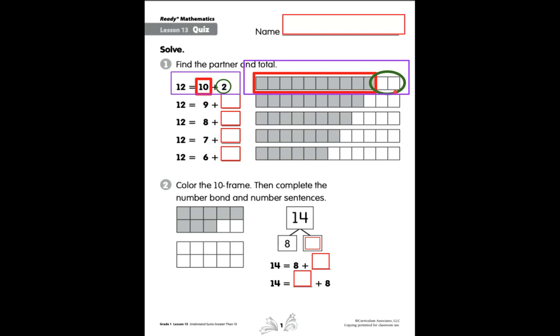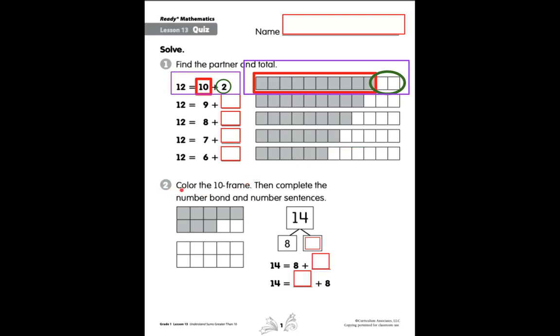Because if math is a pattern, we're going to have the same thing for every row of squares. So if this is my 2 here, and the gray squares are my 10, then 12 equals 9 plus, what's the pattern? Here's my 9 squares. My other number would be the ones I circle. What's the other number? 9 plus, you need to fill that in the red text box, and so on, following the pattern.